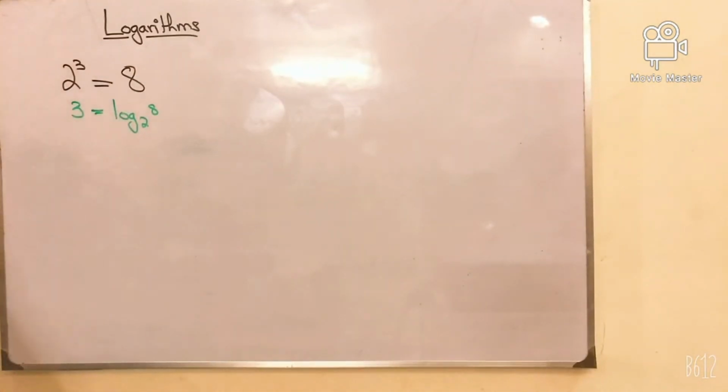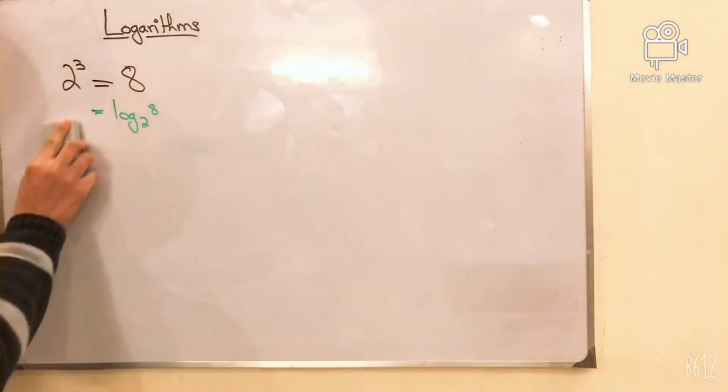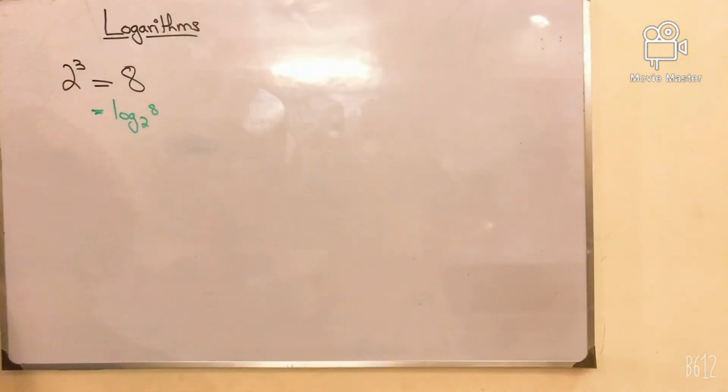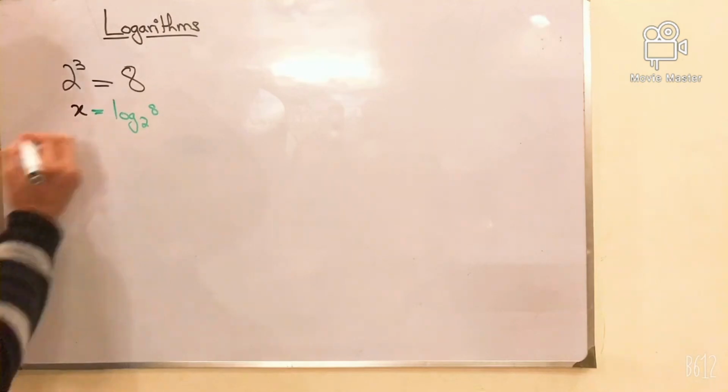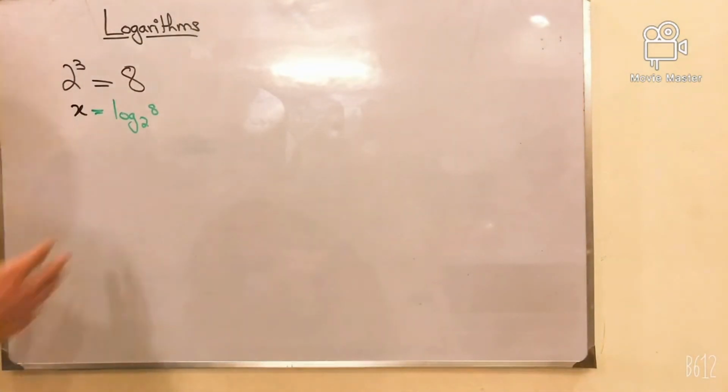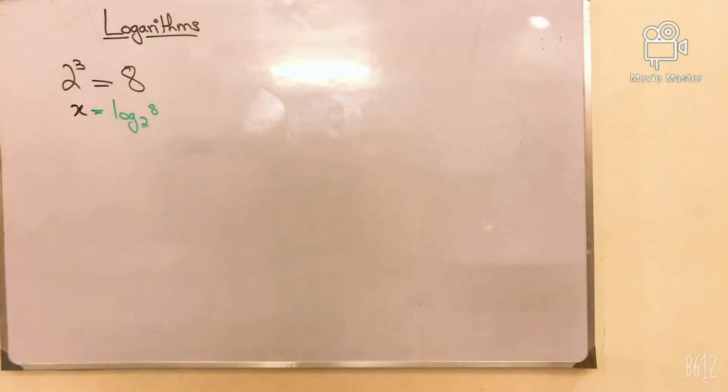Now if I write x over here instead of 3, how will we calculate that? How would we know that the answer is 3?